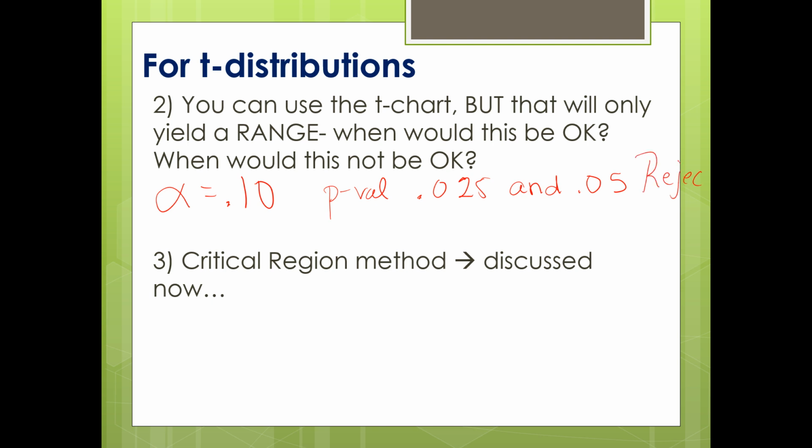It doesn't matter if your p-value is 0.025 or 0.03 or 0.04. When your alpha is 0.10, it doesn't matter. Now, let's say the same scenario, but your alpha was 0.03. If this is your scenario, you're not going to know whether or not you're rejecting or failing to reject your null.